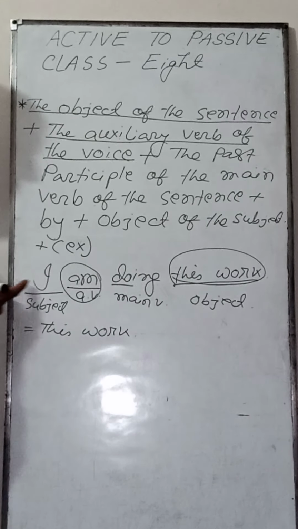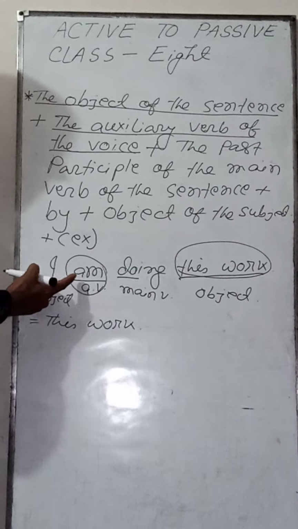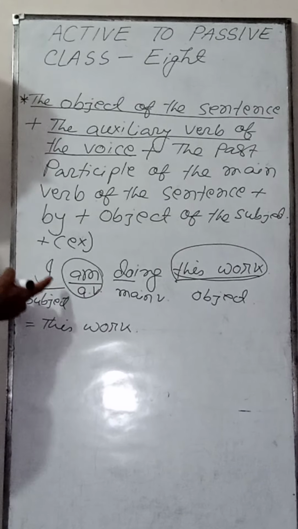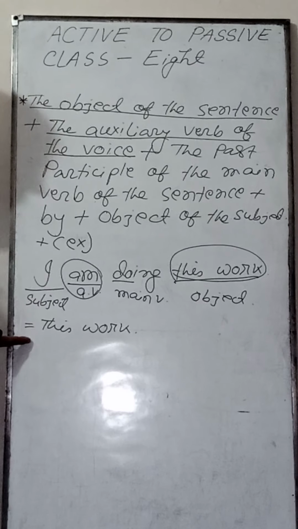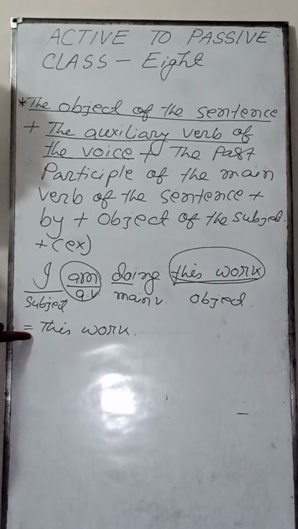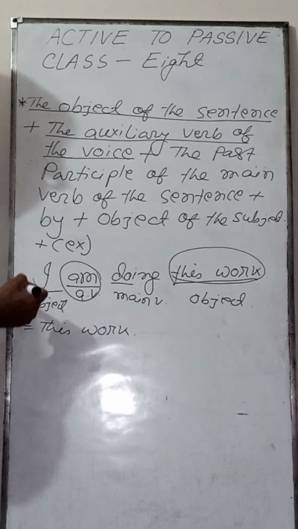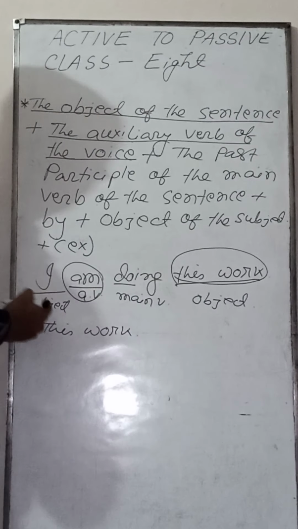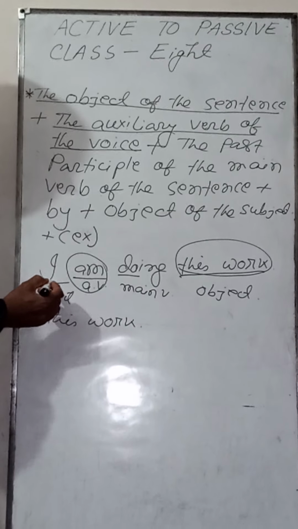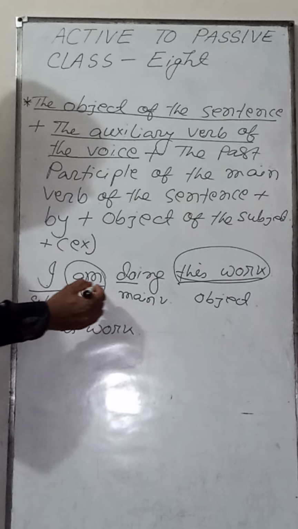If you find any auxiliary verb am, is, or are, then when you change this sentence from active to passive, we have to write am being, is being, or are being. But here, in case of I, I have written am.